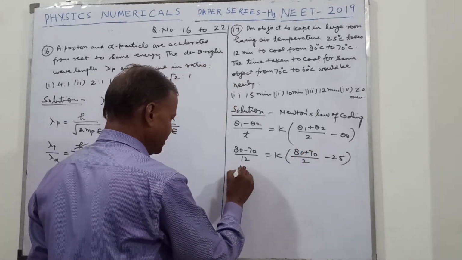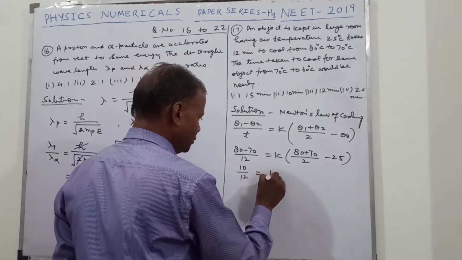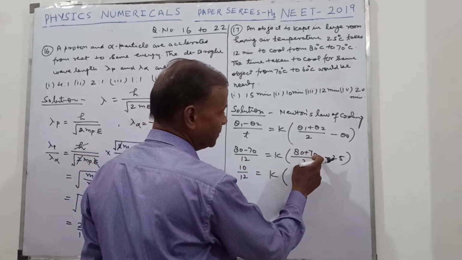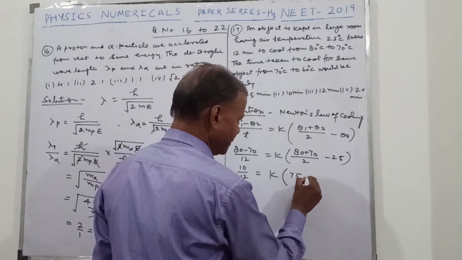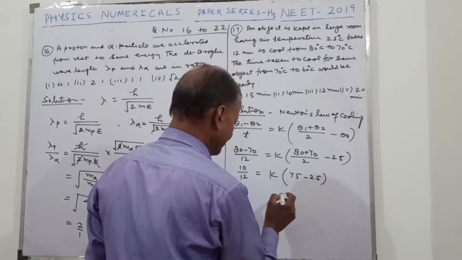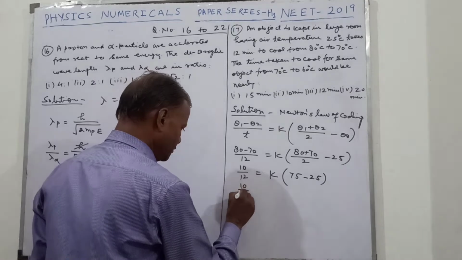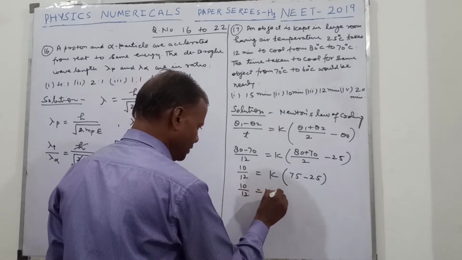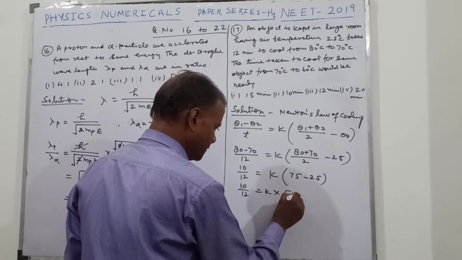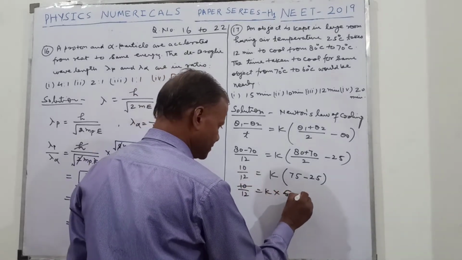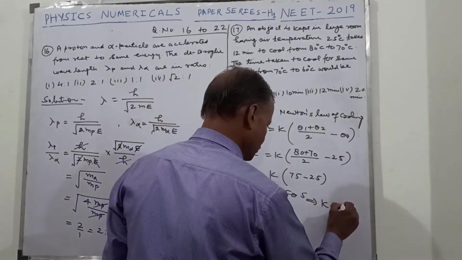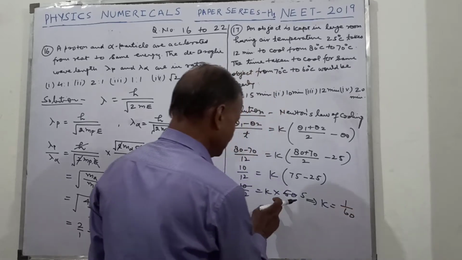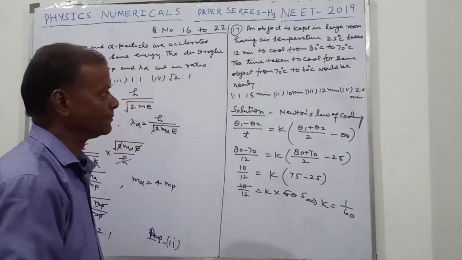So this is 10 upon 12 equal to K into 150 divided by 2, which is 75 minus 25. So this is 10 by 12 equal to K into 50. So by 10 this will cancel out 5 times. So from here K is equal to 1 upon 60. This is the value of K.